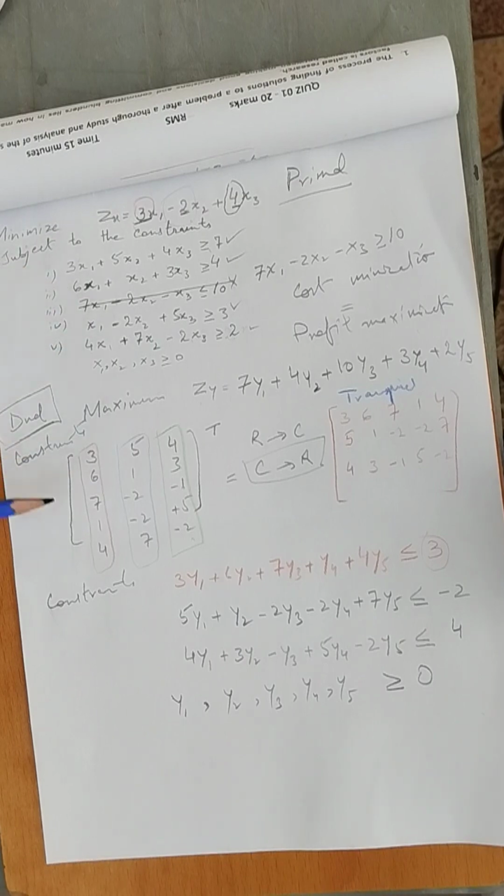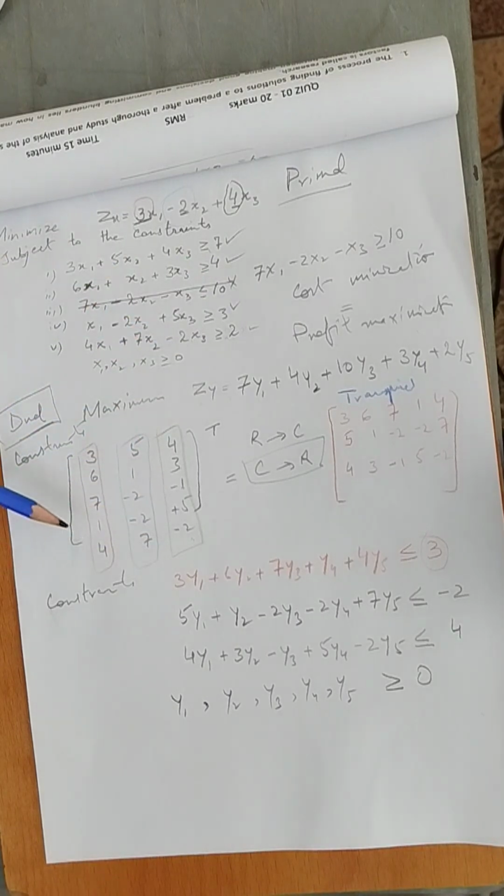So what we do, first step is to make a matrix of them. So we have made a matrix of them. You see 3, 6, 7, x1, 4 plus 5 plus 1 minus 2 and plus 7 over here, and 4, 3 minus x3, that is minus 1 plus 5 minus 2 are here.